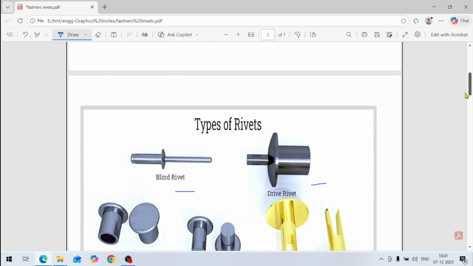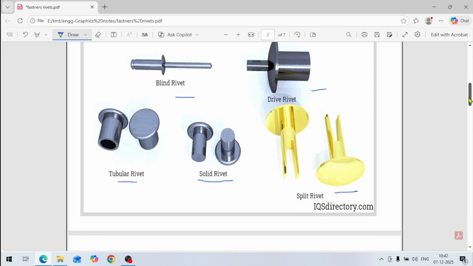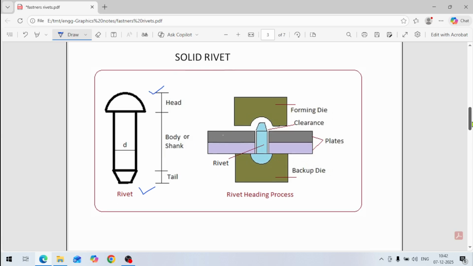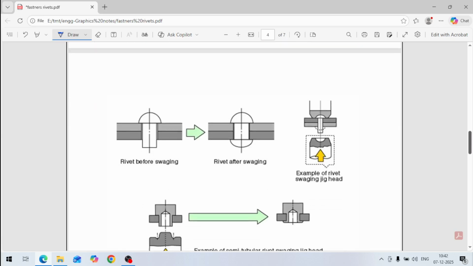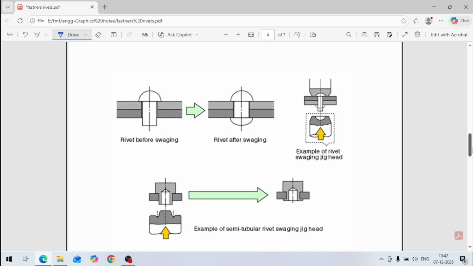So these are the types of rivet we have discussed: blind rivet, drive rivet, solid rivet, tubular rivet, and split rivet. This is an example of a solid rivet. And next, this is a semi-tubular rivet. This is your solid rivet, and after swedging, this shape becomes like this.